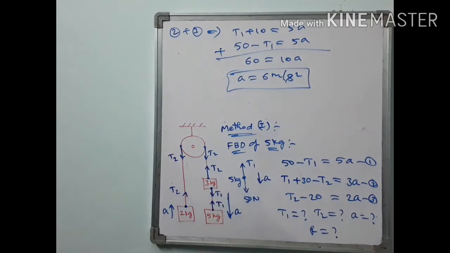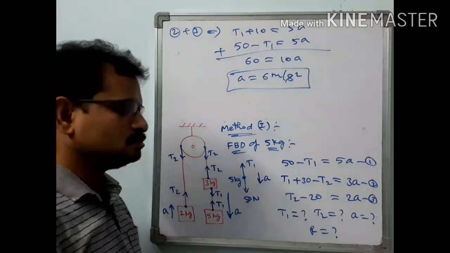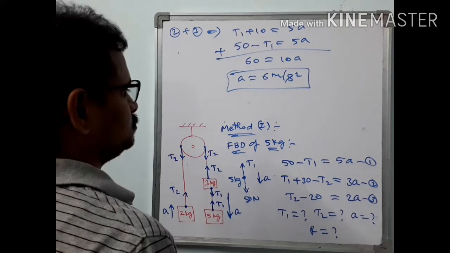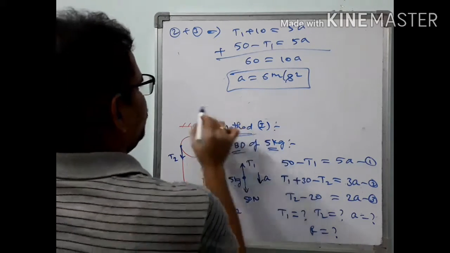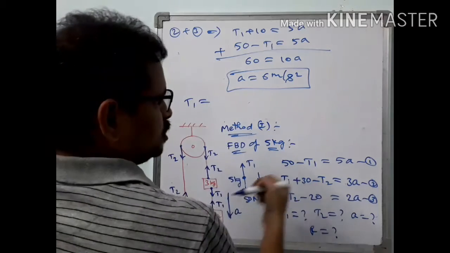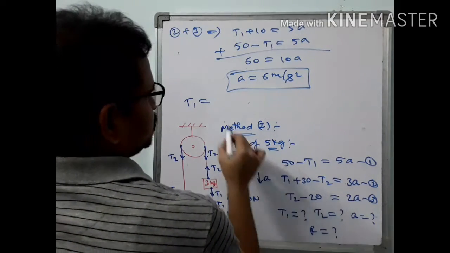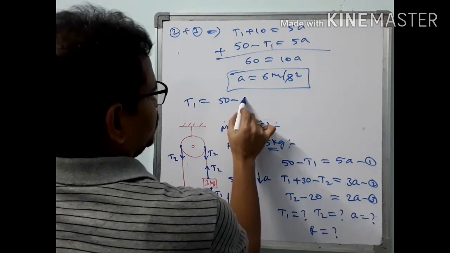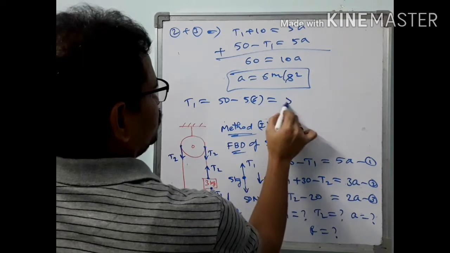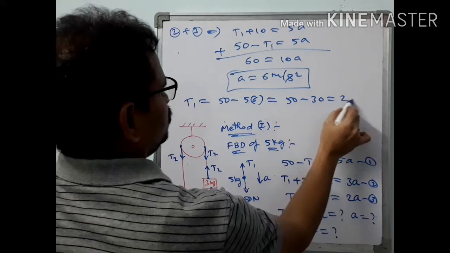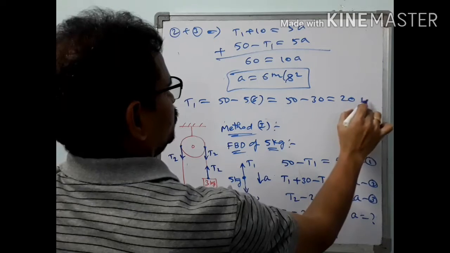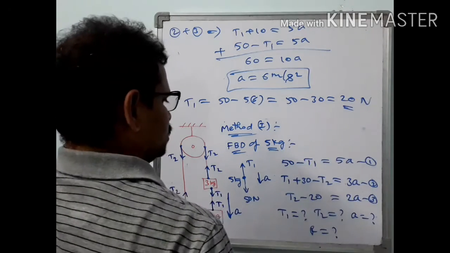We got the acceleration here. Therefore T1 equal to how much? From equation 1, T1 equal to 50 minus 5 into 6, that equal to 50 minus 30 equal to 20 newtons. T1 equal to 20 newtons.